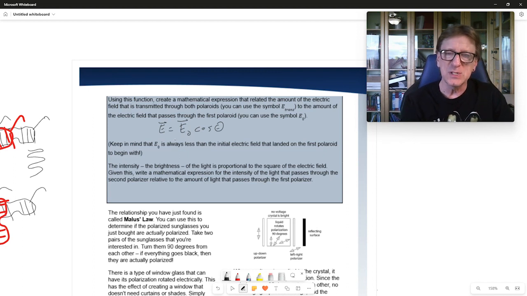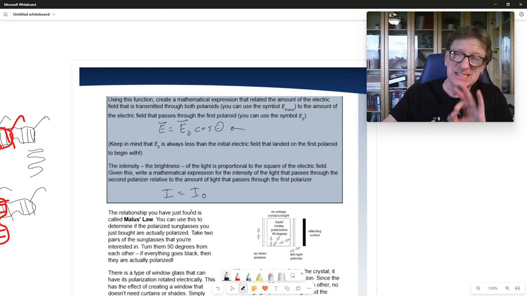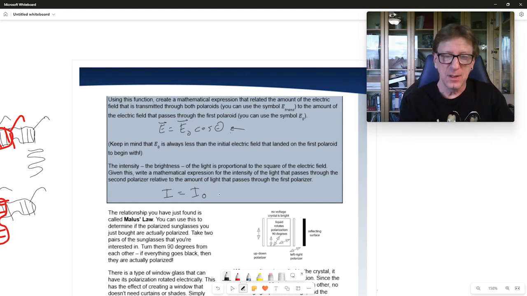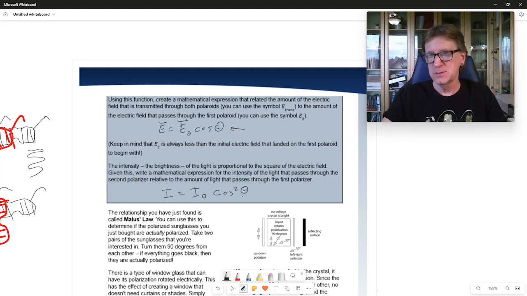So if I'm going to express this mathematical expression in terms of the intensity, then all I need to say is the measured intensity, which is not a vector, is going to be equal to the intensity of the light that made it through the first polarizer, but now it's got to be cosine squared theta, right?